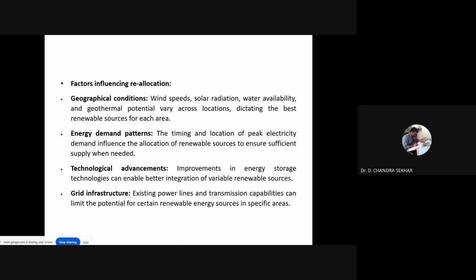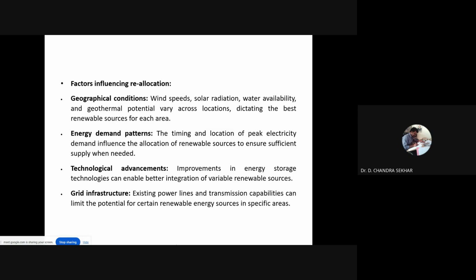And technological advancements: improvements in energy storage technologies can enable better integration of variable energy sources. What are energy storage technologies?